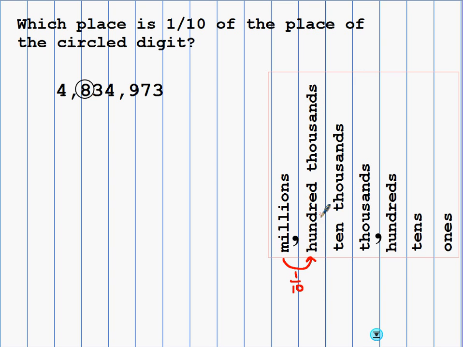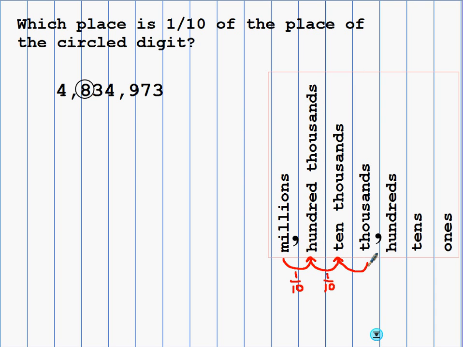Let me correct myself. The hundred thousands place is 1/10 of the millions place. Let's continue on. If I move from my hundred thousands place to the right, it takes 10 thousands to make 100,000. So the ten thousands place is 1/10 of the hundred thousands place.